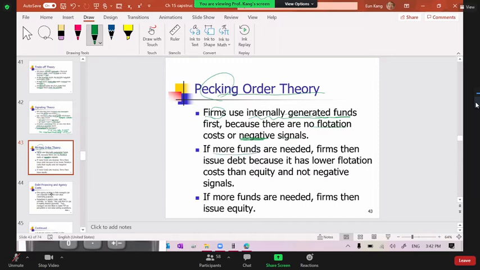If more funds are needed, so if you exhaust your internally generated funds, then the company issues debt, because it has lower flotation cost than equity and no negative signals. But if more funds are needed, then you issue equity. As I said, that is related to signaling theory. They try to avoid stock issuance as much as possible. So that is pecking order theory.